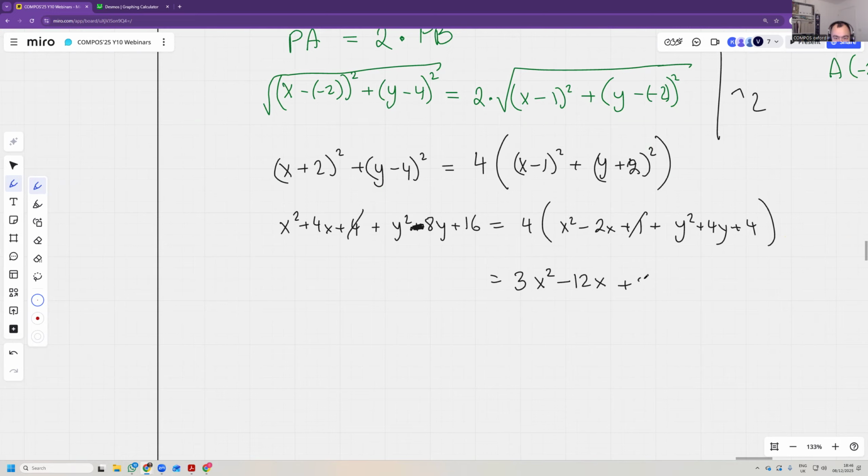Plus 3y squared, and then 16y plus 24y, and then 16 equals 0.